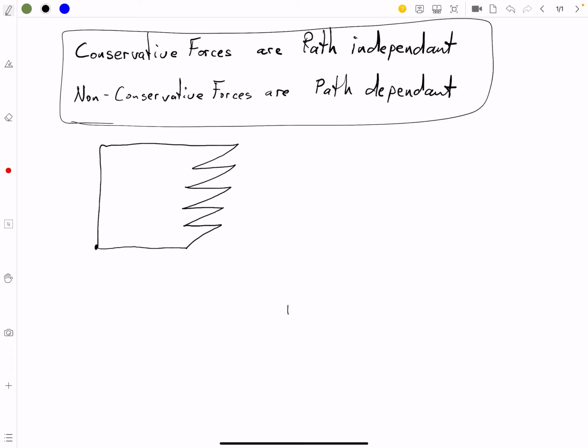When we do, we're going to go all the way from A back to A. Okay? So we start out here, we go that way, and we're going to do the work from A to B, but that happens to just be, here's point B.